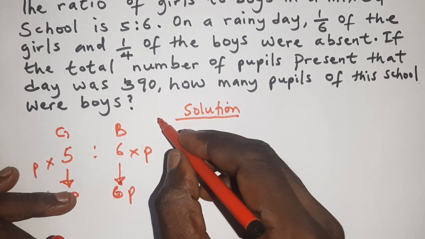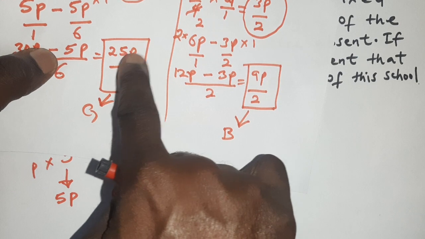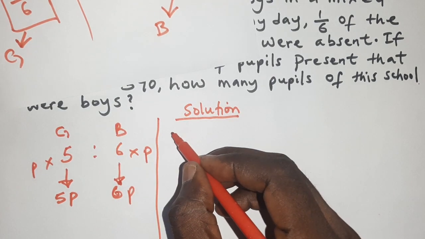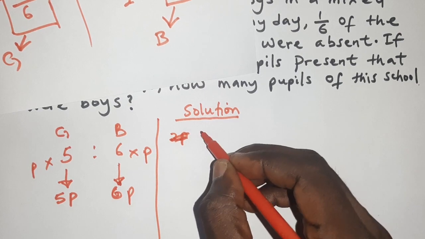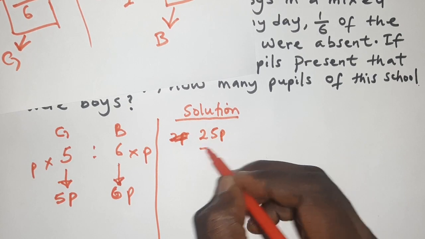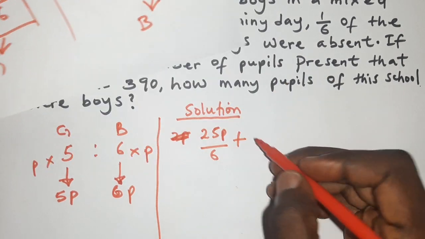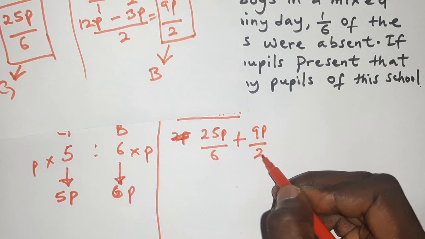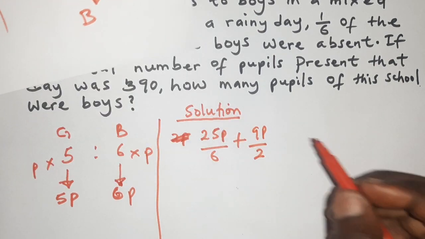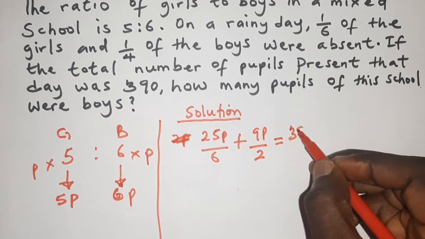So I'll end up having 25p over 6 plus the one for the boys, 9p over 2, equals 390.